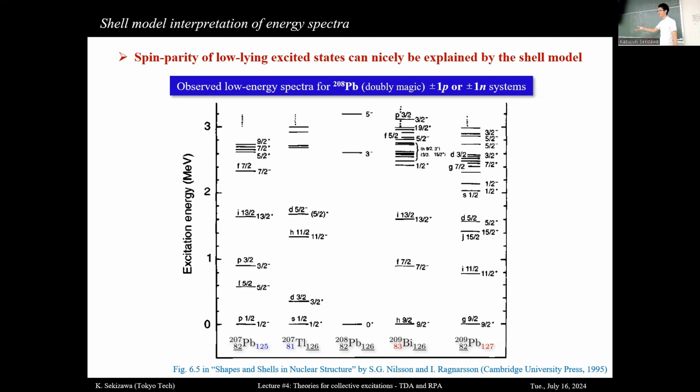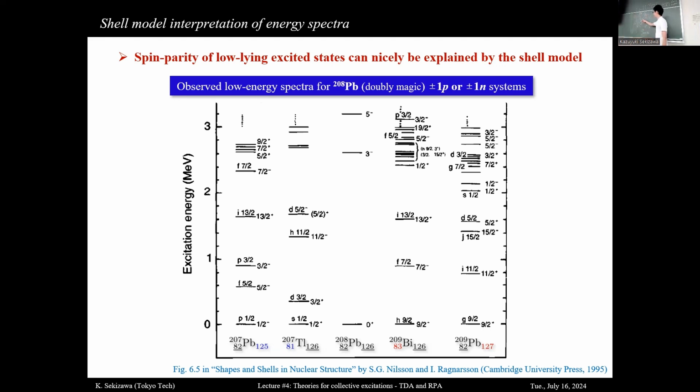So the bismuth-209 should have the spin parity of the last occupied proton. It is h9/2, so 9/2 minus, because h is a negative parity state. So it explains the spin parity of the ground state of bismuth-209.